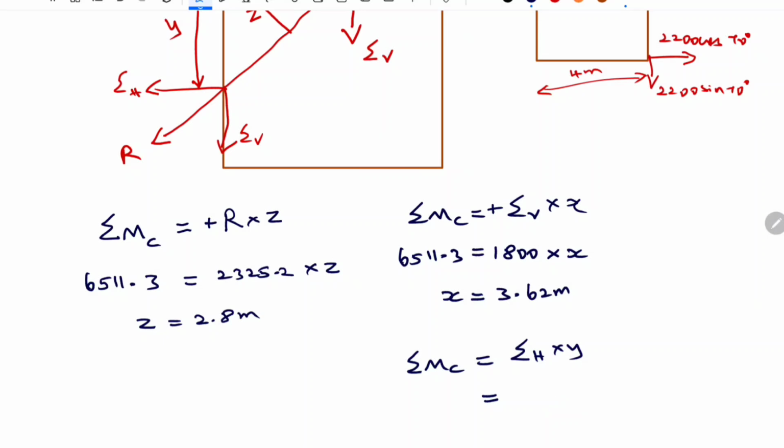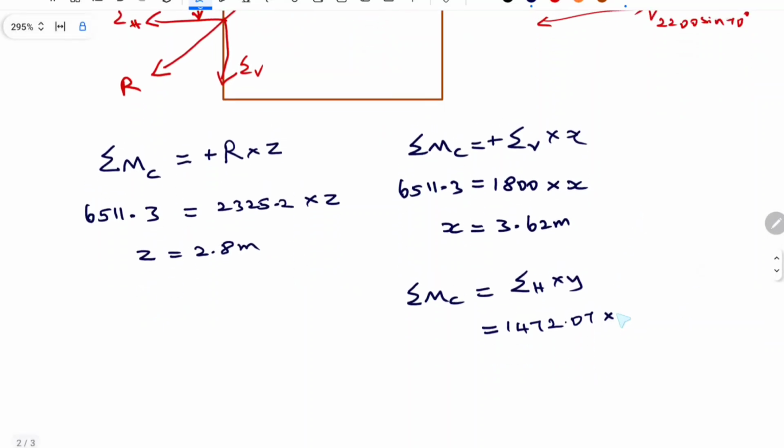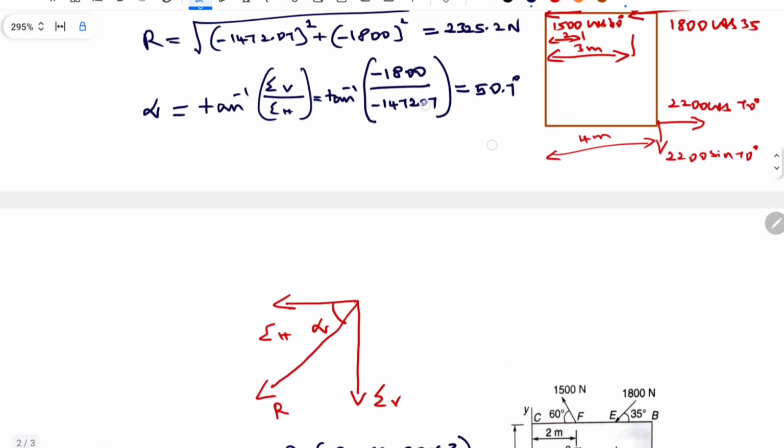So that is equal to sigma H magnitude, 1472.07, into Y, that is 6511.3. Now the Y value is equal to 4.42 meter.